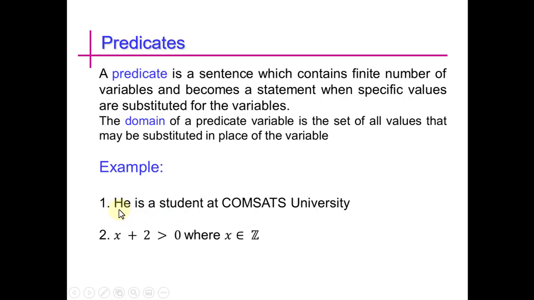So this is a predicate, and the domain of this variable he is all the students in Pakistan or all the students in the world. So when we put some member from the set, from the domain, then this predicate will become a statement.